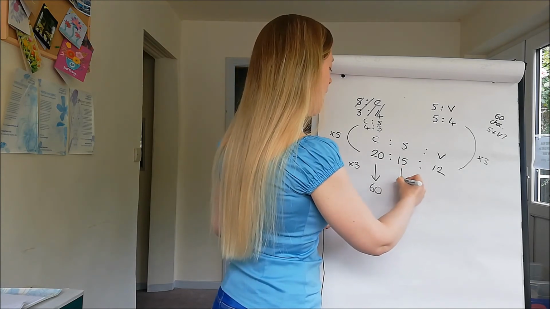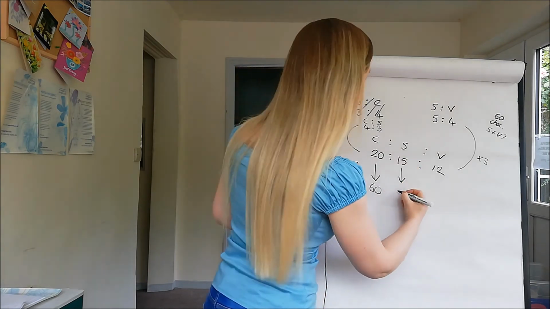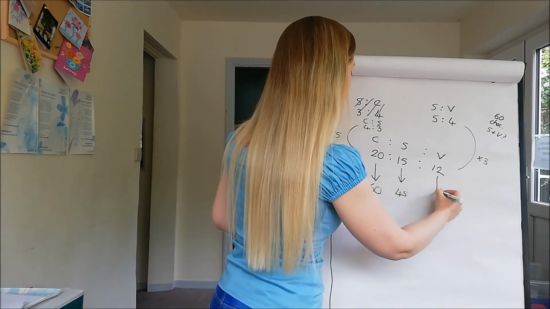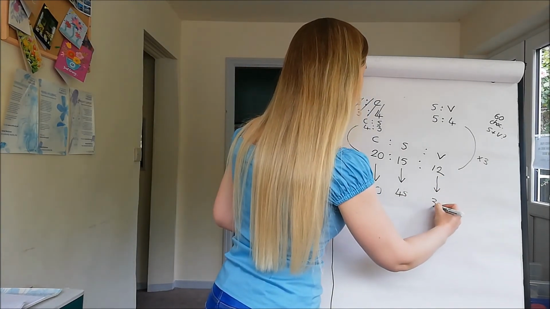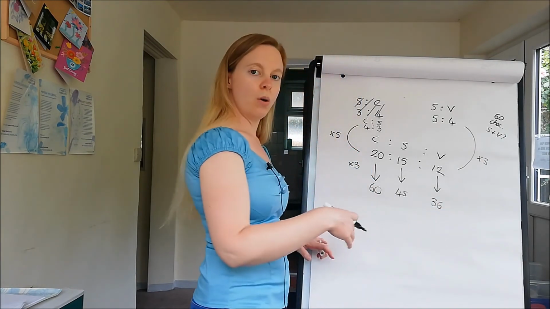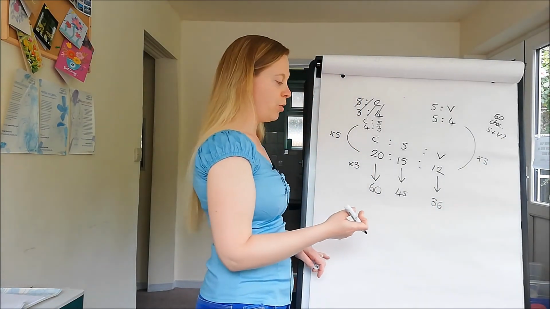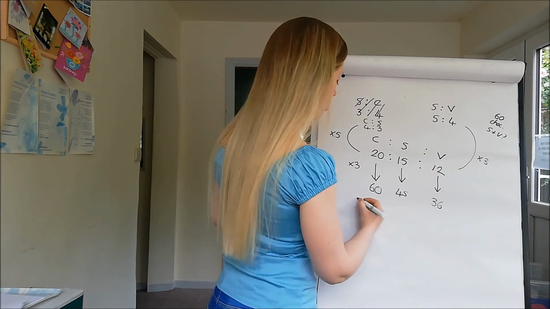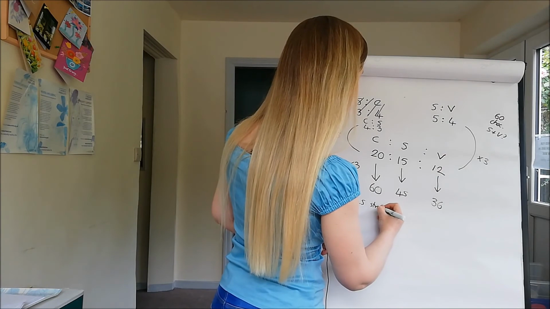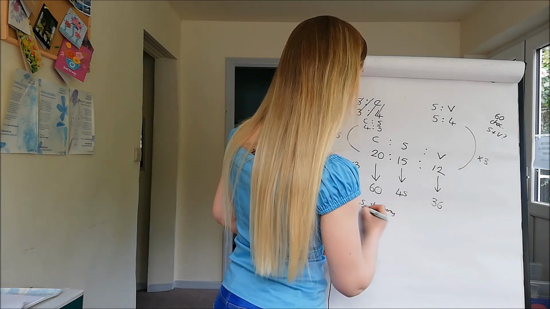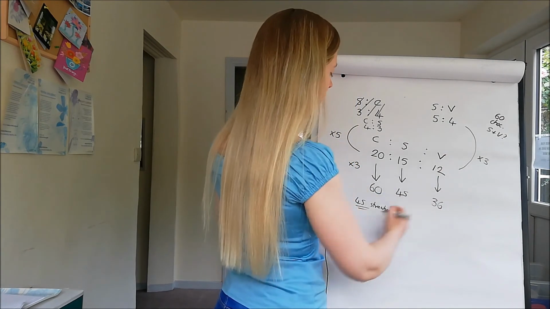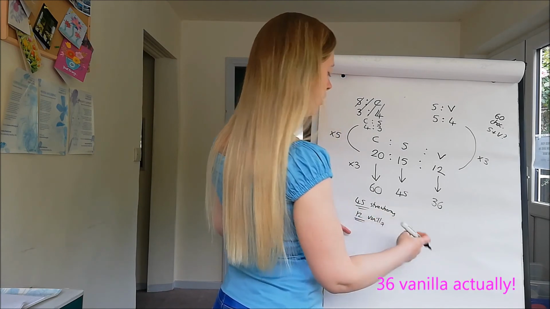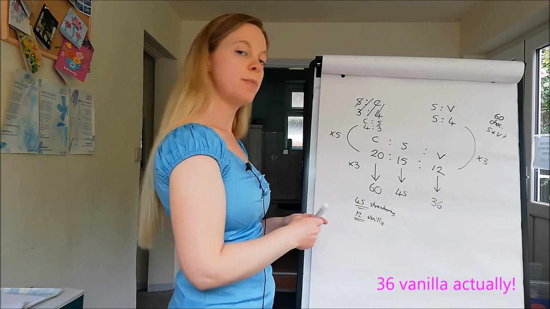So to keep all the parts balanced, I need to times the strawberry by 3 as well to give 45, and the vanilla by 3 as well to give 36, which means that to answer the question that was being posed, 45 strawberry ice cream are sold. So you'd put in your answer space in an exam 45 strawberry, and you'd put 36 vanilla, because that's the question that was actually being asked in words.